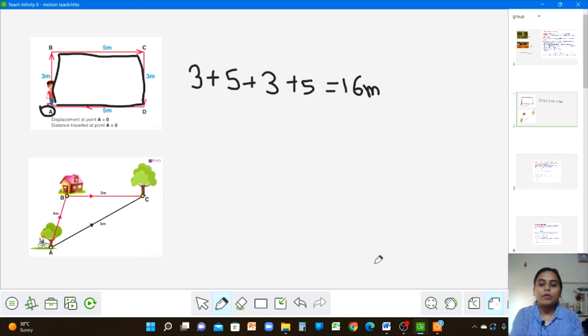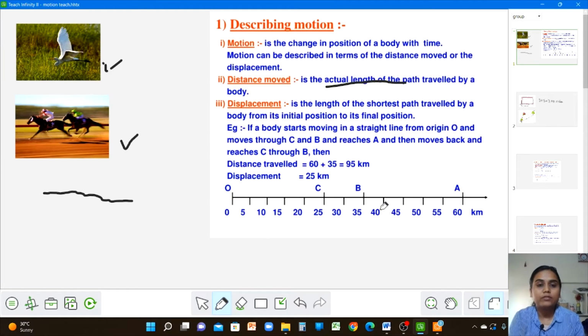Now if we talk about displacement, what is the displacement that is covered by this boy? Displacement's definition is different from distance. This is the shortest path traveled by the body. Now, the shortest path between what? Between 2 points, the initial position and the final position.